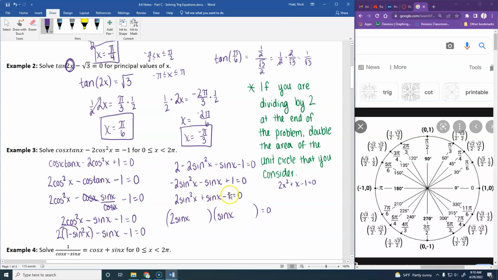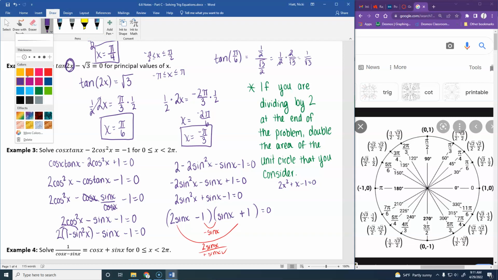There's no number you can multiply to get negative 1 that's going to give you the 1 sine in the middle. You've got to guess and check. So if you put the plus 1 right here and the minus 1 right here, then that's going to work, because whenever you check it, you'll get negative sine x, and you'll get 2 sine x, which when you put together gives you positive sine x. So that's right.